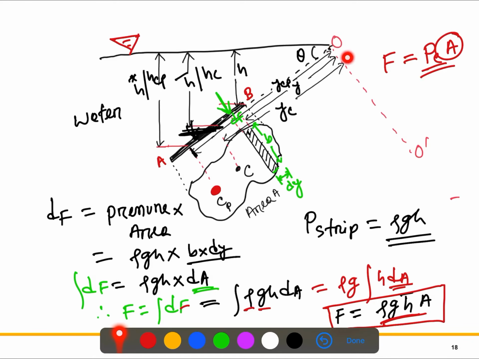So the moment about OO dash will be this force into the distance. The force is dF, and the distance is y on this surface. It's not y_c or y_cp, it's y.